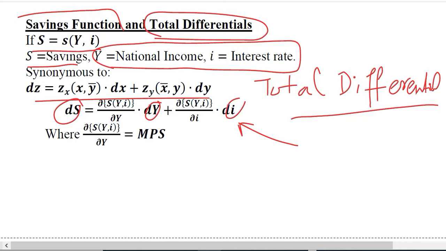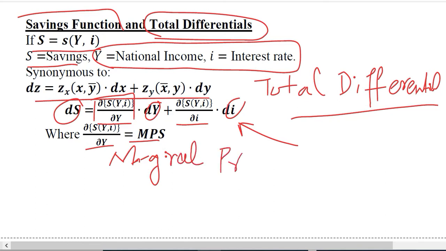The partial derivatives are taken with respect to Y and then with respect to I. When I calculate the partial derivative of the saving function with respect to Y, it is the MPS. We know what MPS is, marginal propensity to save.